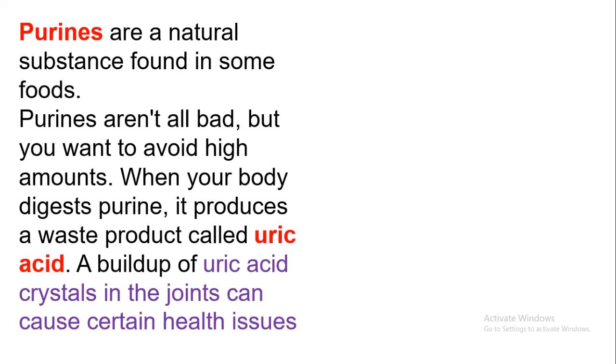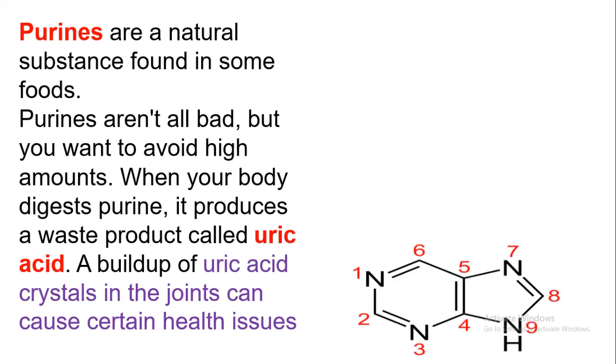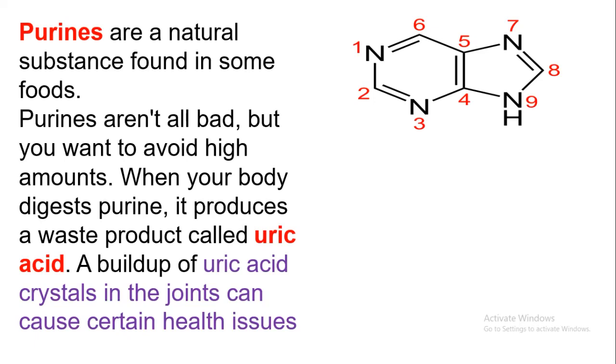Crystals. And these crystals are normally not good for your health. As a result, this can lead to what? Certain health issues. So when we start looking at the questions in the next meeting, I'm going to talk about some questions which will need this as a reference.